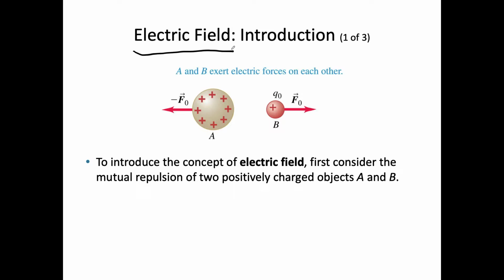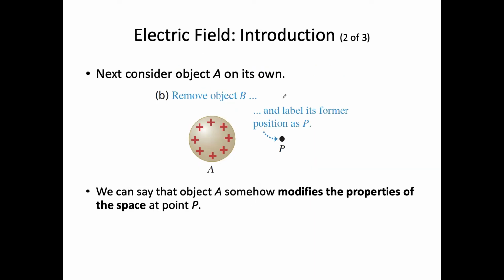Now, if you put positive charge A here and a positive charge B here, we think we're going to have a force, let's call it F0, on the charge Q0. Now think if you remove the charge Q0, you only put QA here.